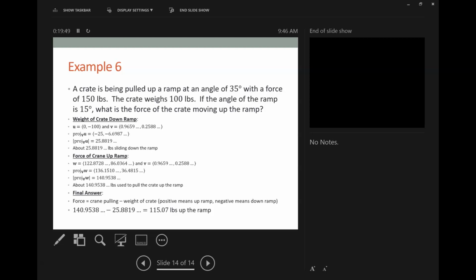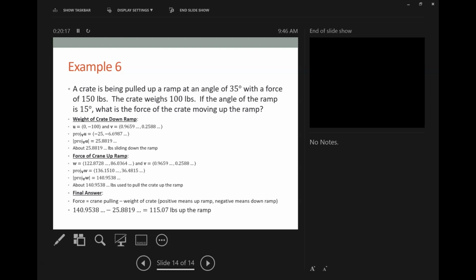Hopefully you feel better to where you can do those. I would say for tonight, if you can do through 50, so there's the 6 story problems there. Hopefully you're able to do just the projection calculations relatively easily, as it's just applying a formula. But if you couldn't do 45 and 46, you should try to do those. And then I'm adding to it 47 through 50.